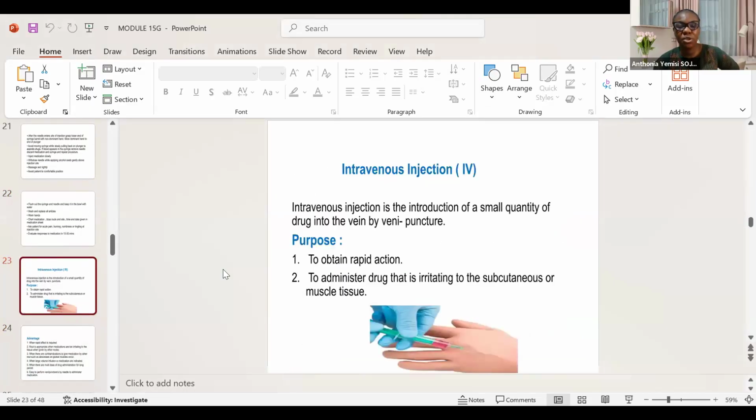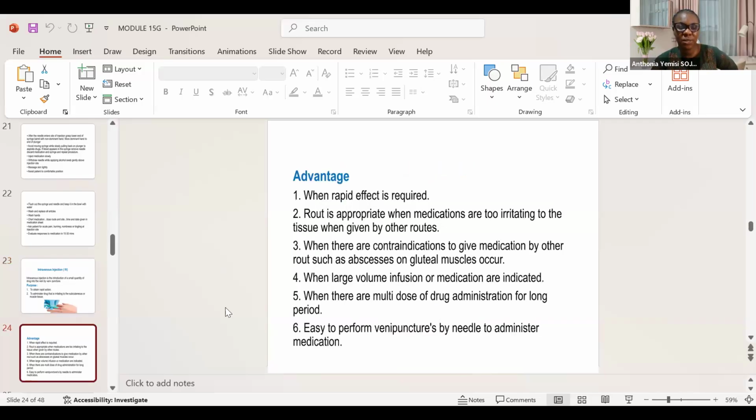Now, for intravenous injection, for most persons that you would need to give an intravenous injection, many times the IV cannula would have been inserted ab initio. So all you would have to do is to constitute the medications and administer them to your patients.